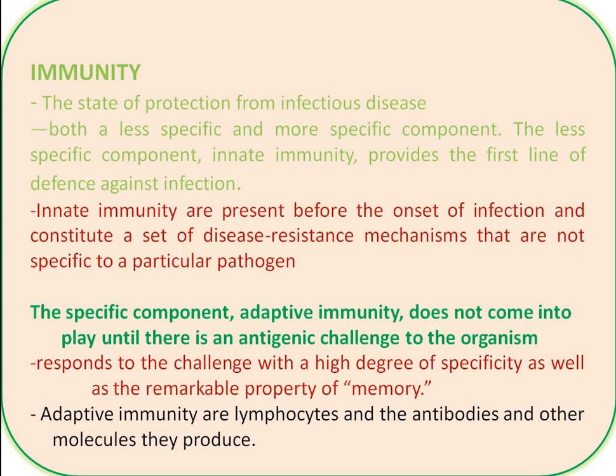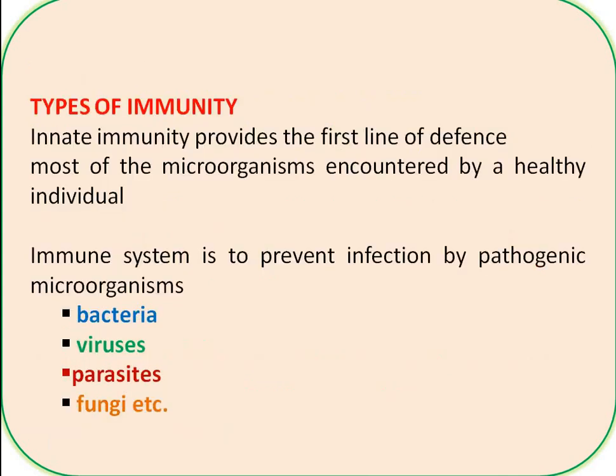The specific components, adaptive immunity, do not come into play until there is an antigenic challenge to the organism. They respond to the challenge with a high degree of specificity as well as the remarkable property of memory. Adaptive immunity involves lymphocytes and the antibodies and other molecules they produce.